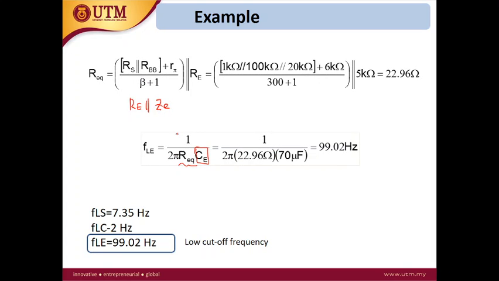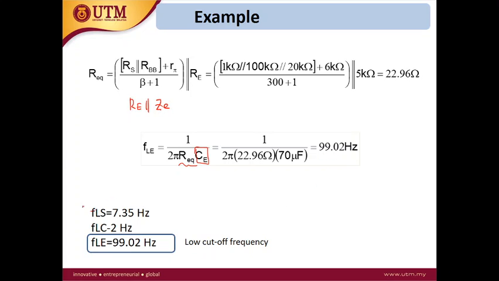Again, I will not go into the detail of the explanation for the ZE calculation. You need to do some revision on the previous weeks on how we calculate ZE. Okay, when we do the calculation, we get the low cutoff frequency as 99.02 Hz.